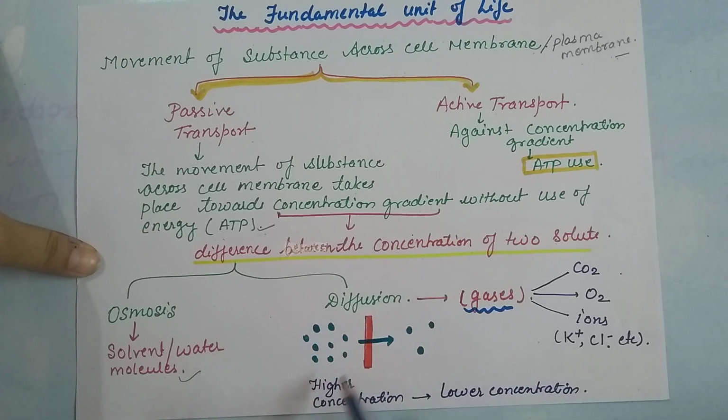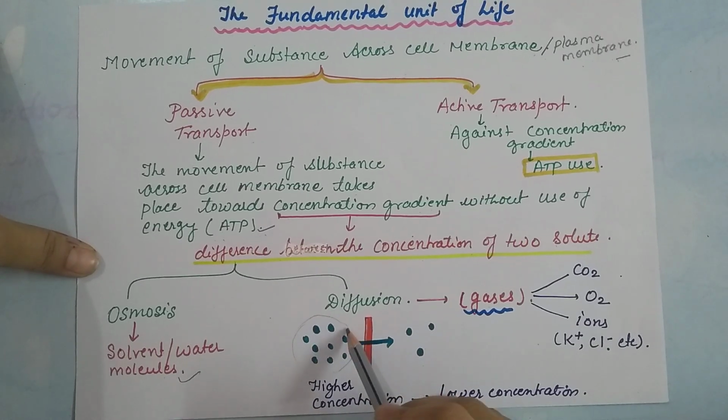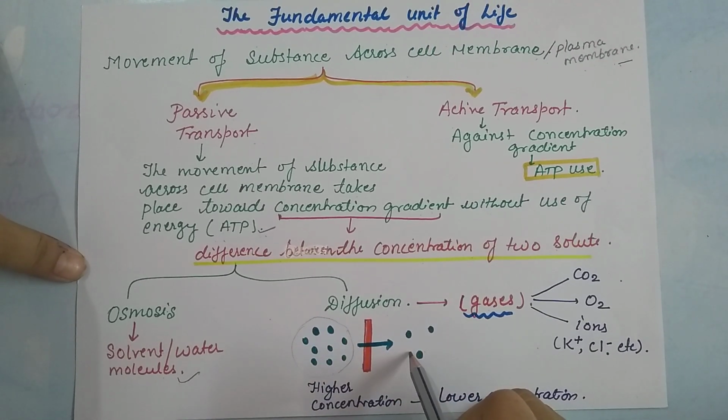In diffusion, things move from higher concentration to lower concentration. Here this is the plasma membrane, here the concentration is more and here the concentration is less. So the movement of the substance occurs from higher concentration to lower concentration.